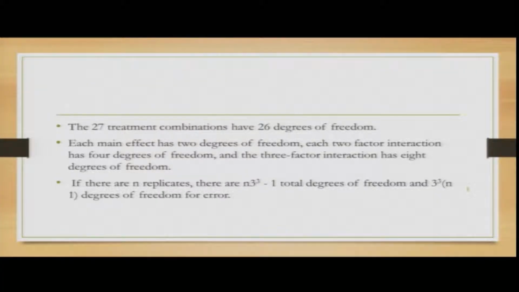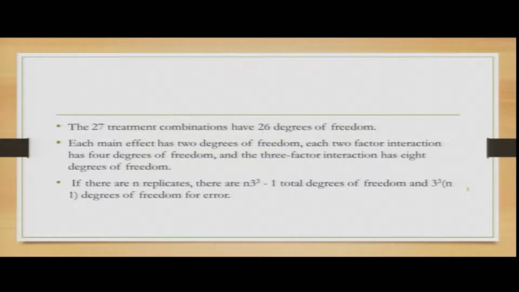Each main effect has 2 degrees of freedom, each 2-factor interaction has 4 degrees of freedom and the 3-factor interaction has 8 degrees of freedom, corresponding to what we have already studied. So, 2 degrees of freedom for each main effect, the 2-factor interaction has 4 because 2 into 2, and the 3-factor interaction has 8 degrees, because 1 is being subtracted.